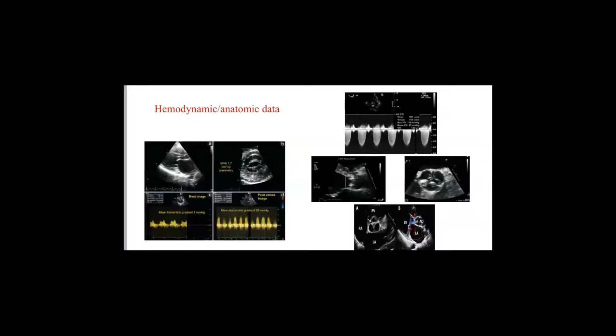I can't take it as diastolic dysfunction grade 3-4, because the anatomy is not consistent with this advanced grade of diastolic dysfunction. So the anatomy is paramount. The anatomy is the frame of reference. Okay? Good.